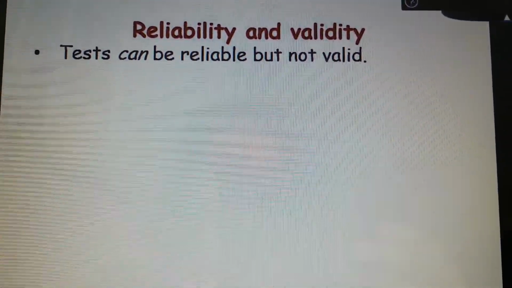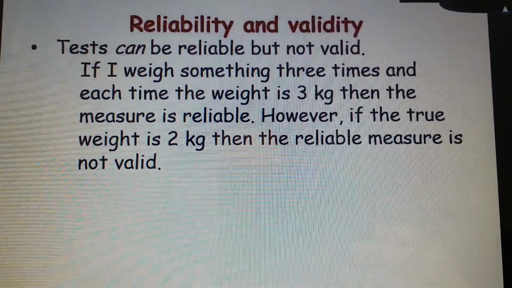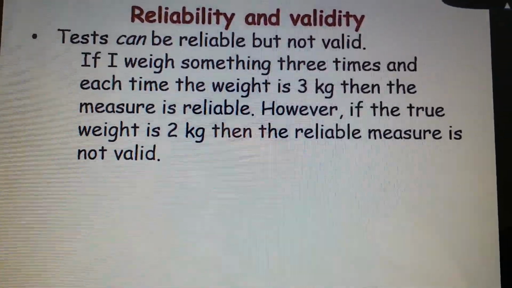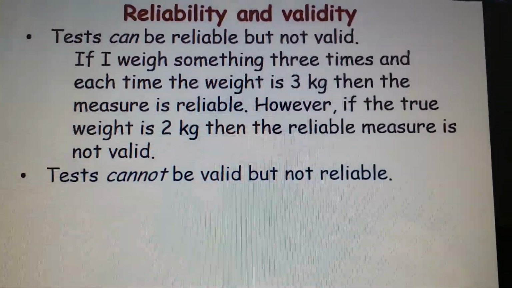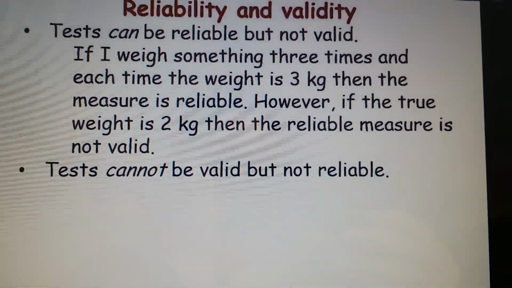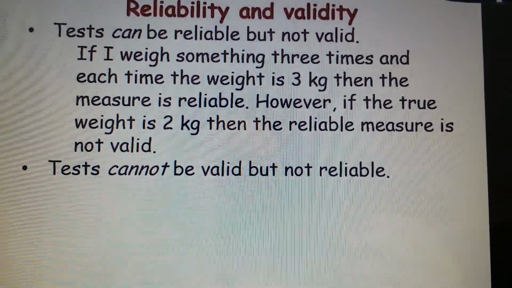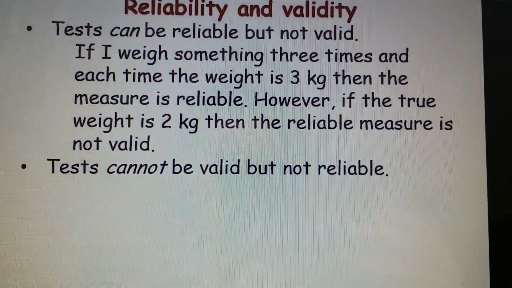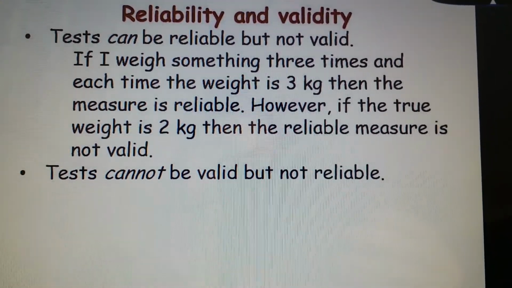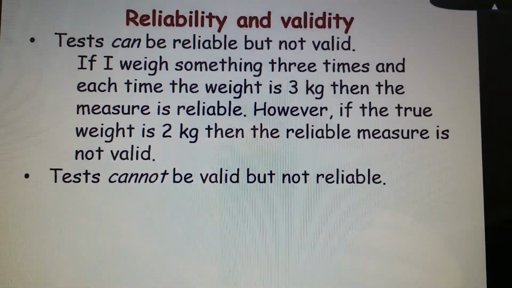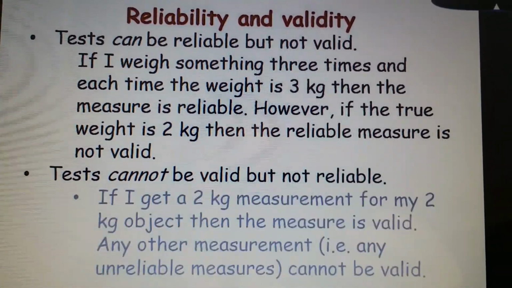Students often find it difficult to differentiate between reliability and validity. And sometimes it becomes complicated when tests can be reliable but not valid, such as the measuring tape, but a test cannot be valid and not reliable.